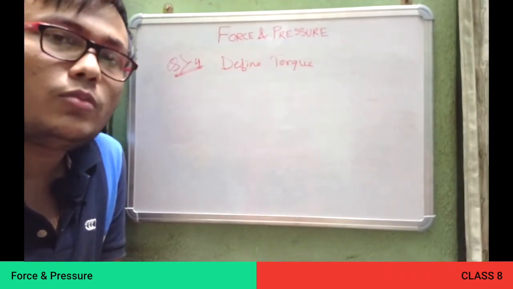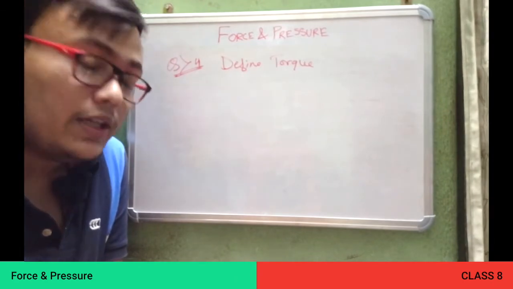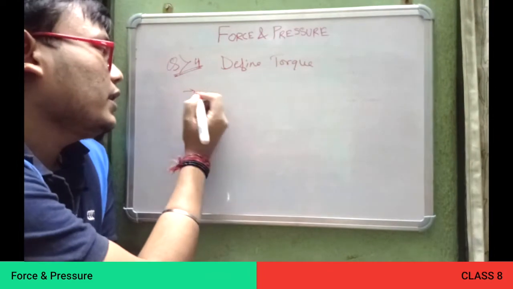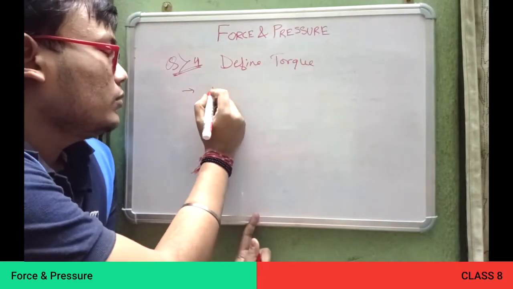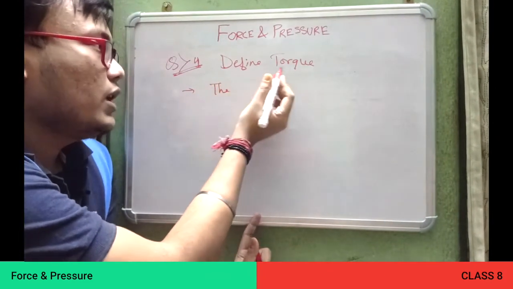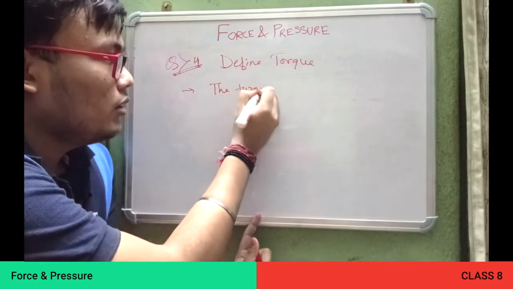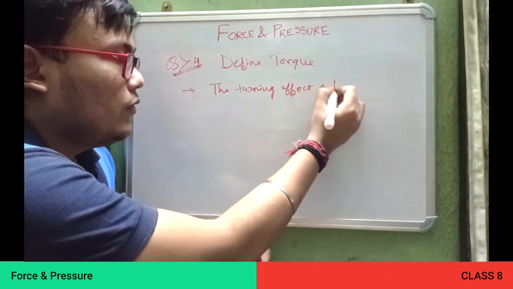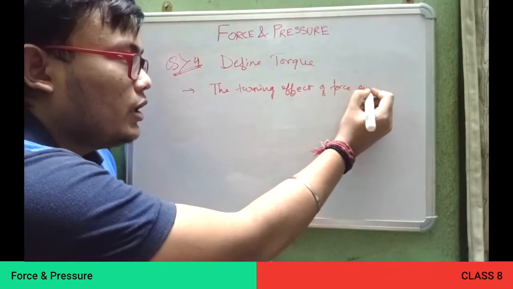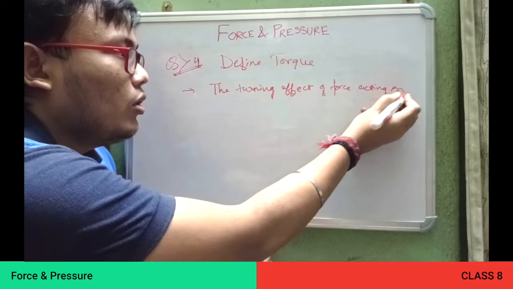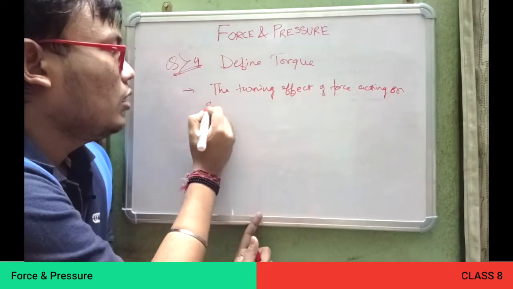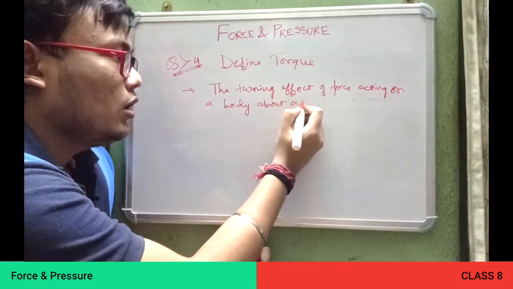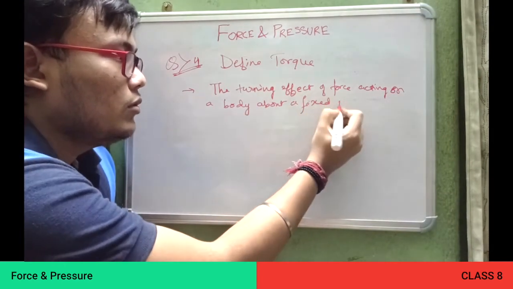Torque is nothing but the force which has a tendency to rotate an object about a fixed point. So you can say that it is the turning effect of force acting on a body about a fixed point.